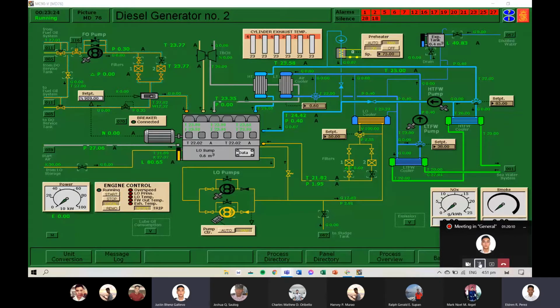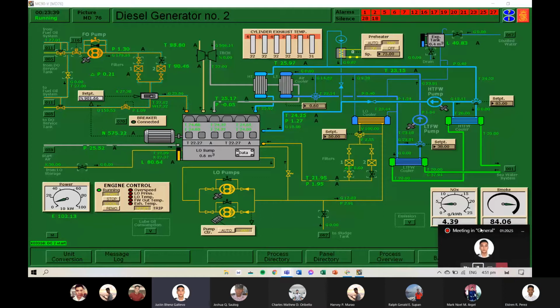Next. Chief Engineer Perez, sir, go to engine control panel and press start. Done. Chief Engineer Perez, sir, observe the changes of all parameters. RPM should be 905. Next.